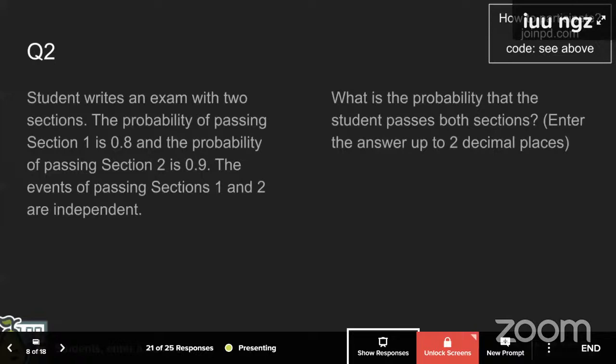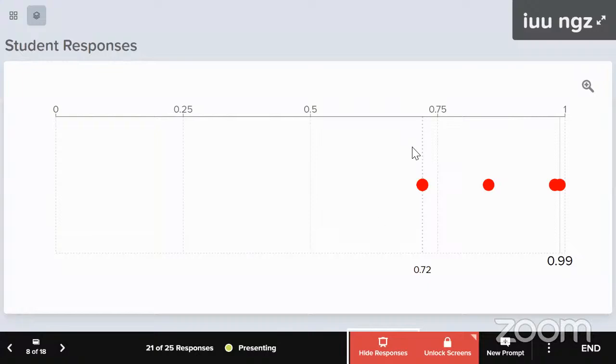Ma'am, can we see how many people have responded 0.72? No, it is not possible to see the numbers. Often we can make out the correct answer by seeing the number of answers.